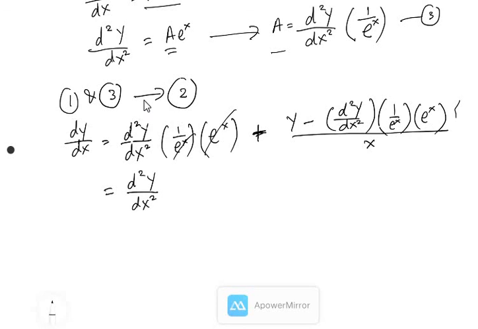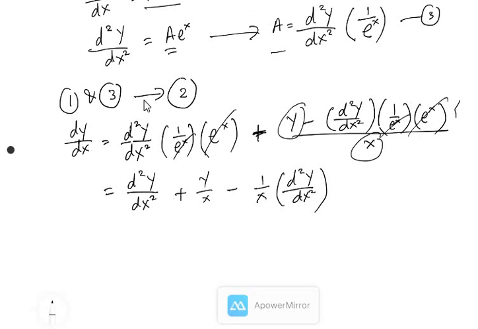So you are left with d square y over dx square plus with y over x minus with 1 over x d square y over dx squared, because this one also can cancel out.